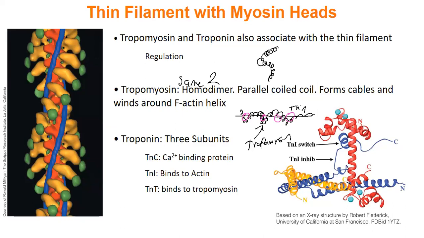That's how muscle contractions work. Myosin wants to bind to actin. That is how we get our muscle contraction. However, if tropomyosin is present, our myosin cannot bind to actin. So tropomyosin blocks this.